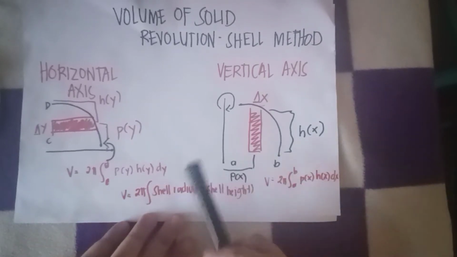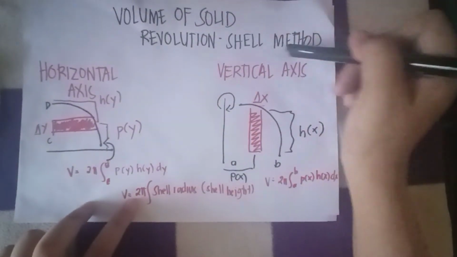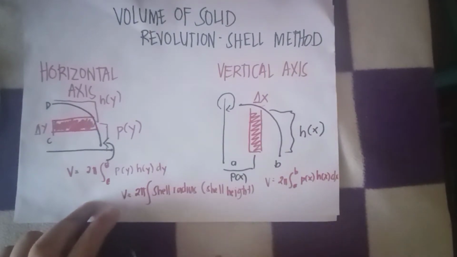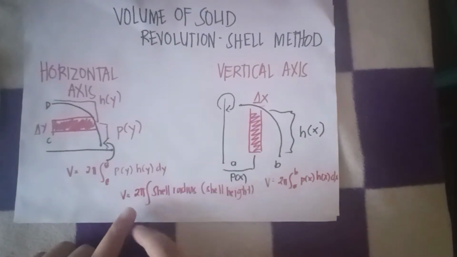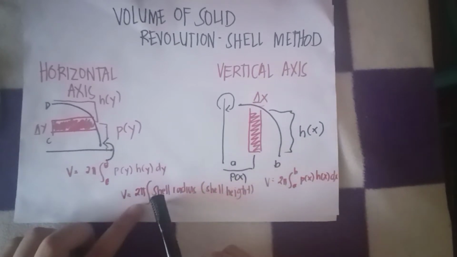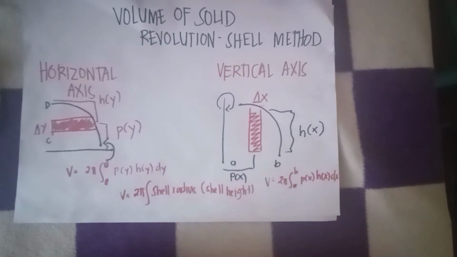Sa madaling salita, para mas madali nyo maintindihan, ganito lang po yan. Kapag sinabing cylindrical shell method po, volume is equal to 2 pi, the integration from a to b or c to d, or the limits of integration, shell radius multiplied by shell height. Yun lang po. Diba sa method na ito, squared lang natin yung ating given.